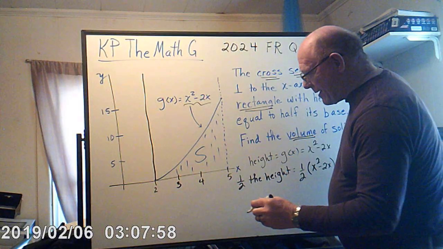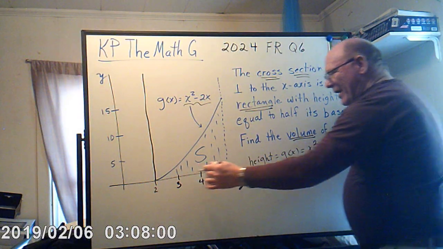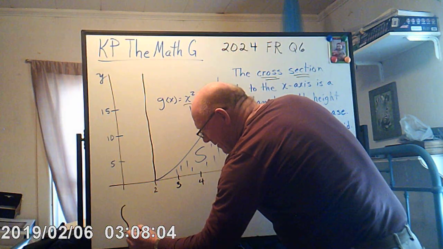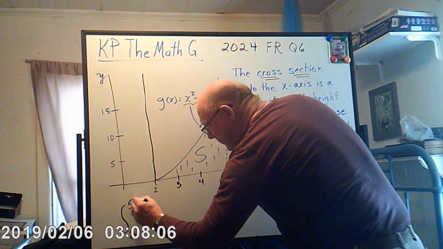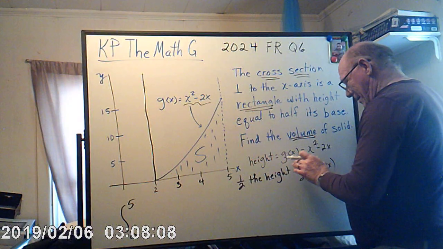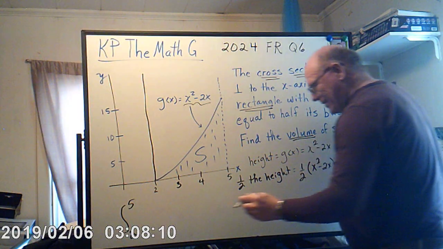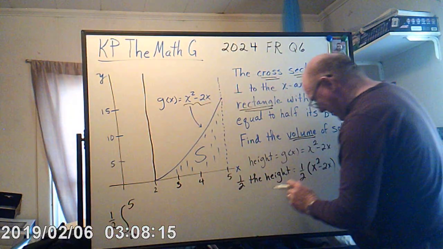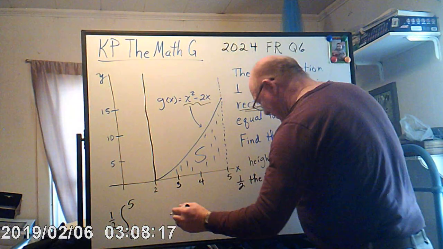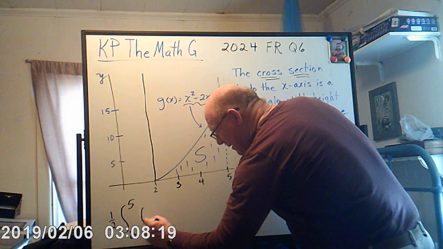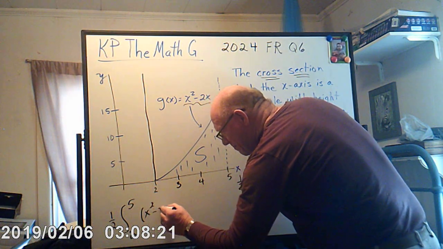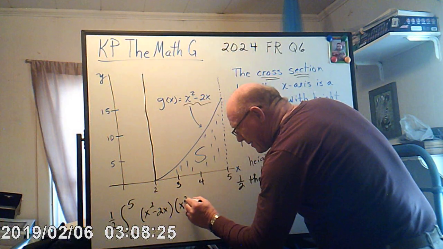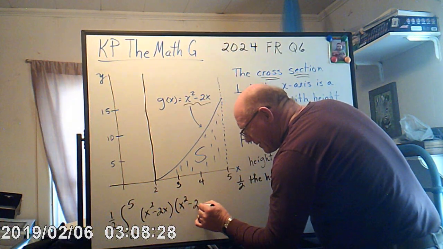So here's what we got. We know we're going from 2 to 5 here, and so we're integrating from 2 to 5. Now this times this, so let's put the 1/2 on the outside, 1/2 of x squared minus 2x times x squared minus 2x.